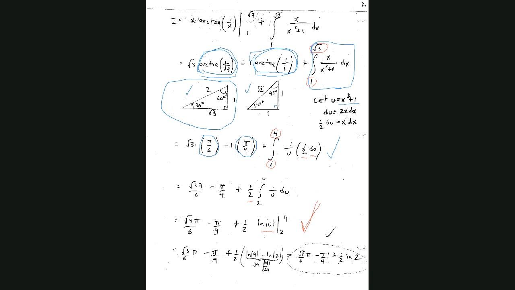So for the antiderivative, which was the log of the absolute value of u, we put in the 4, we put in the 2, and the difference of the logs is the log of a quotient.